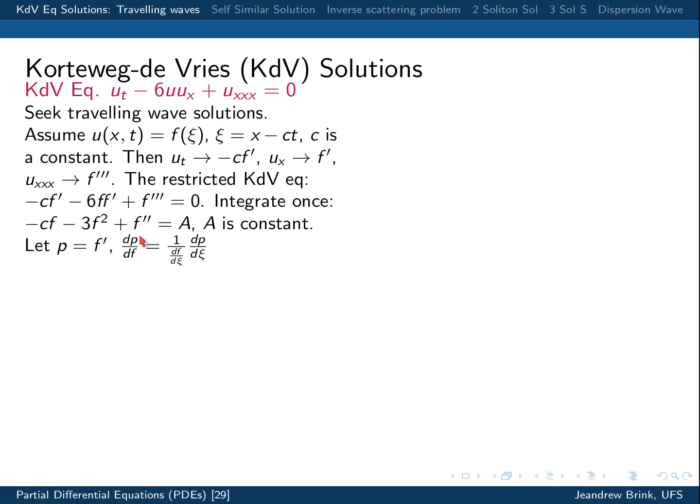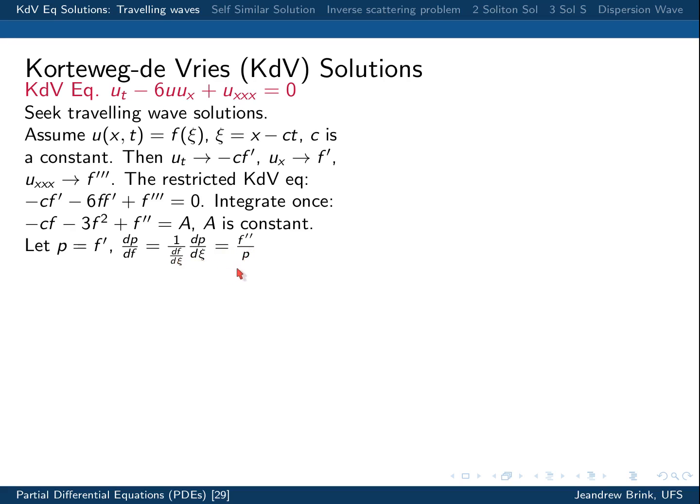Okay, so we have that dp df is equal to dp d xi multiplied by d xi df, which is just 1 over df d xi, which is just then 1 over p. So we have that dp d xi is simply f double prime over p.